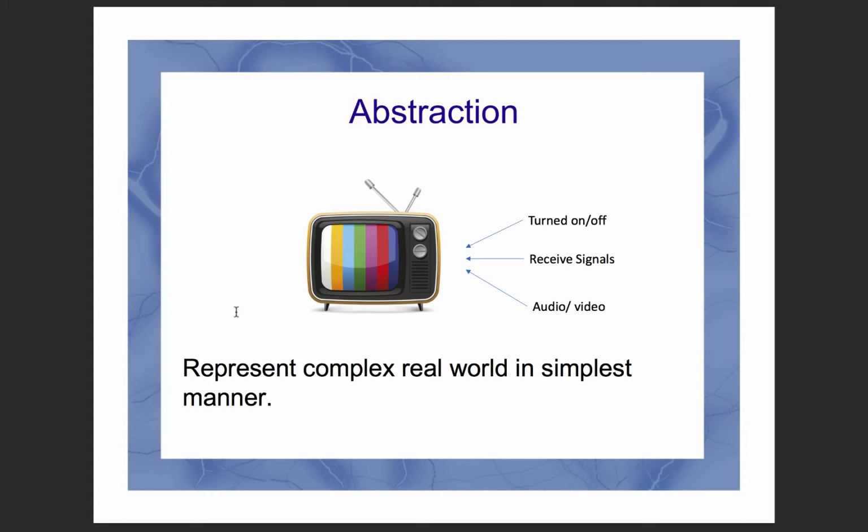We only know how to use these televisions, but we don't know any implementation inside of the televisions. That was basically an example of an abstract data type. An abstract data type is a part of abstraction.